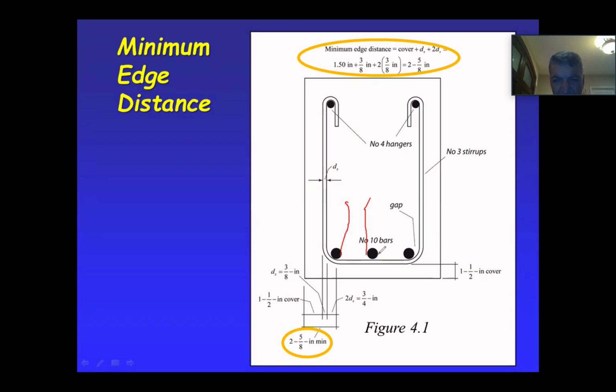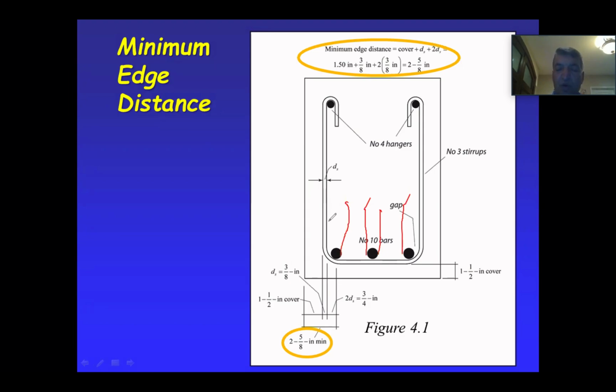Okay? From here to there. See that? That's the clear distance. It says the minimum distance should be the bar diameter or 1 inch, whichever is larger. Okay? Whichever is larger. So if this is number 7 bar, 7 over 8 is the diameter, less than 1 inch. But then you will use 1 inch here.